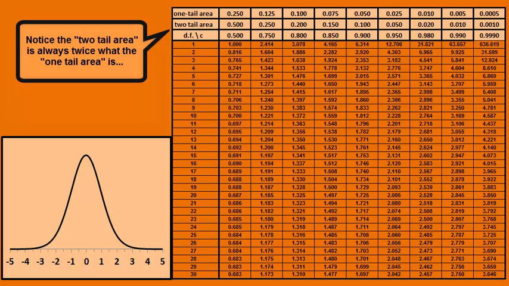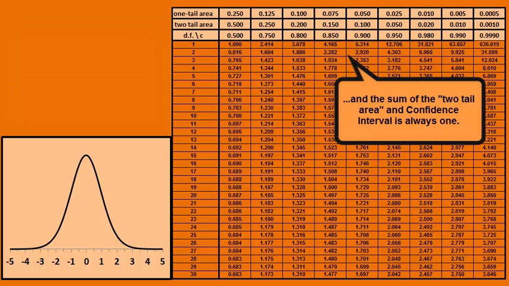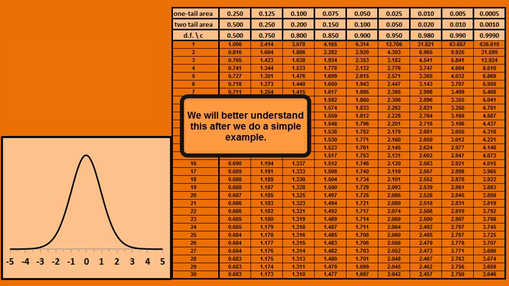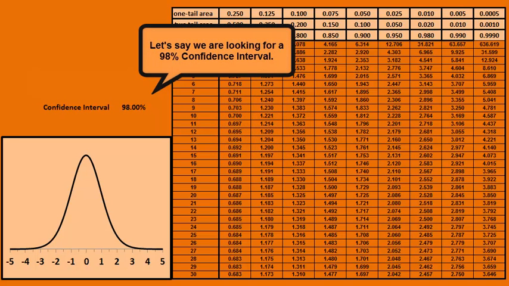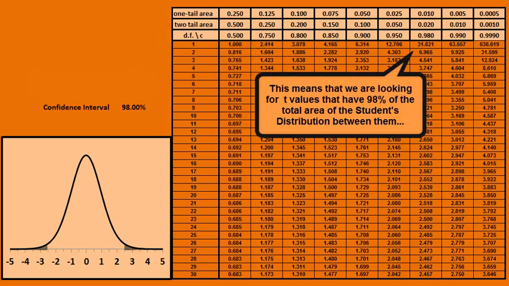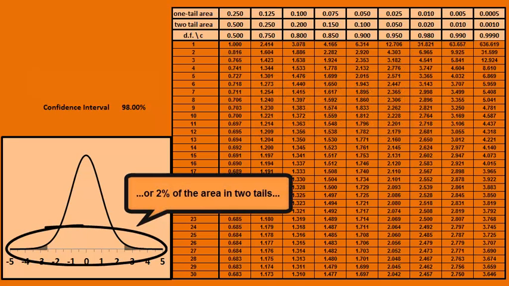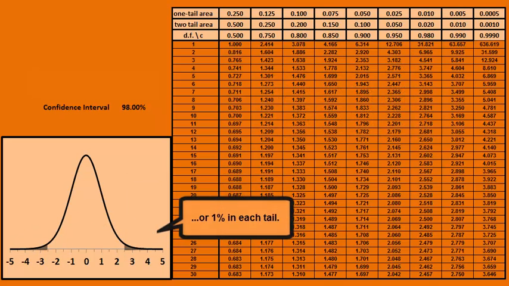Notice that 2-tail area is always twice what the 1-tail area is, and the sum of the 2-tail area and confidence interval is always 1. We will better understand this after we do a simple example. Let's say we are looking for a 98% confidence interval. This means that we are looking for a t-value that has 98% of the total area of the t distribution between them, or 2% of the area in 2 tails, or 1% in each tail.